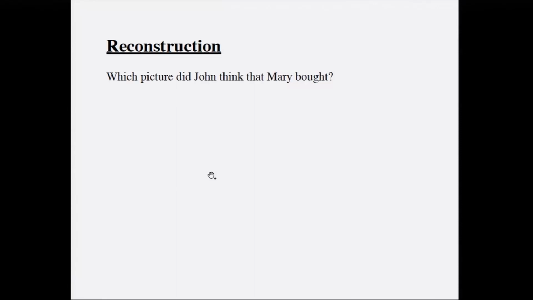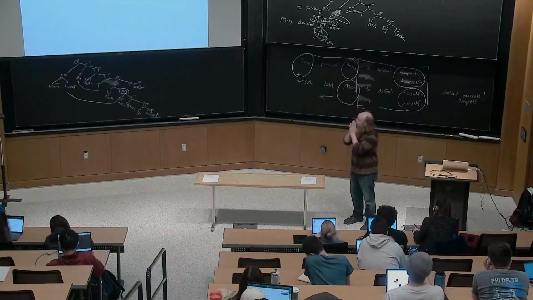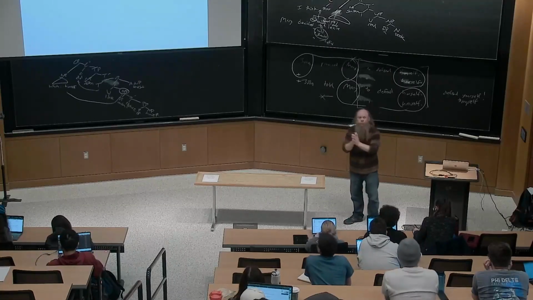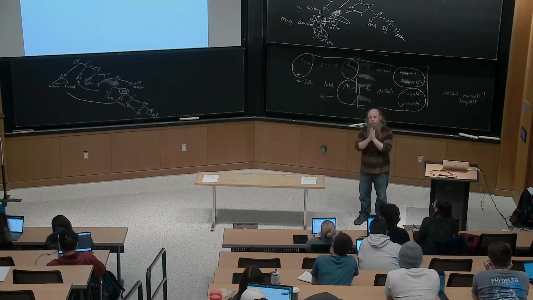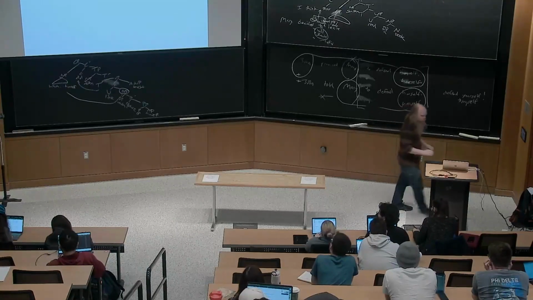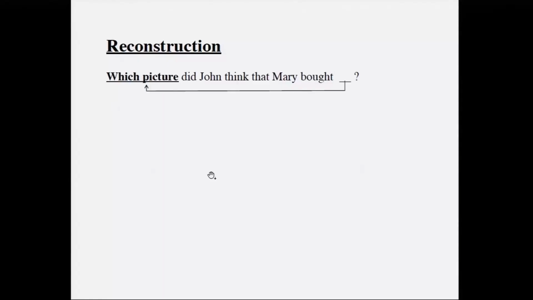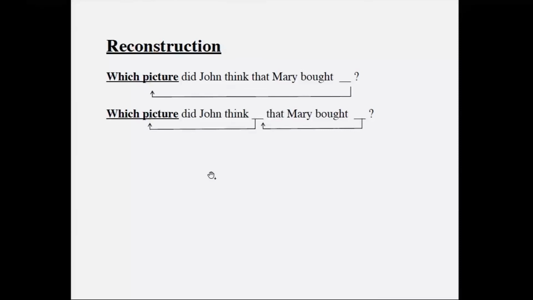Okay. Now, let's think about longer, more complicated questions, like which picture did John think that Mary bought? So which picture has WH moved, right? But we talked about this question, about whether it has moved once in one mighty leap, started off as the object of buy and moved through all of that intervening material and became the specifier of the higher CP, or moved in a series of hops.